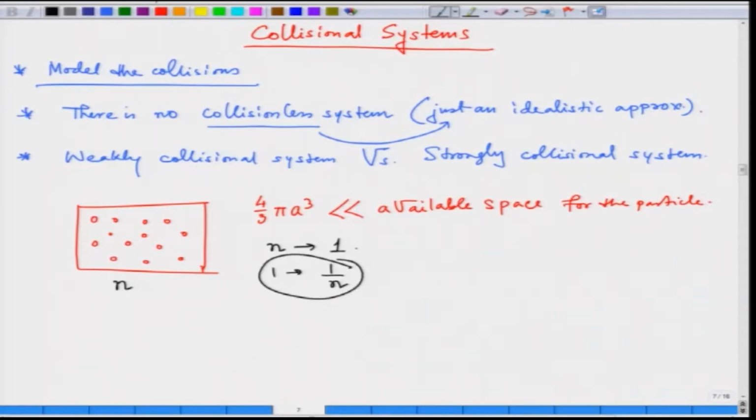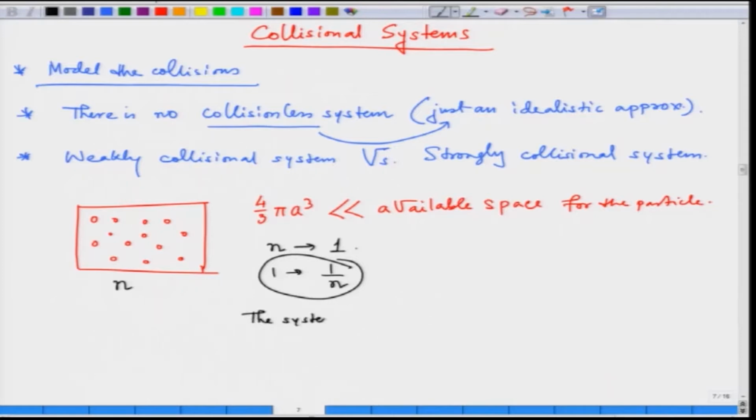If I give you a container and the gas molecules are constrained to be in the container, then 1 by n will be the volume available for one single particle, given n is the number density.